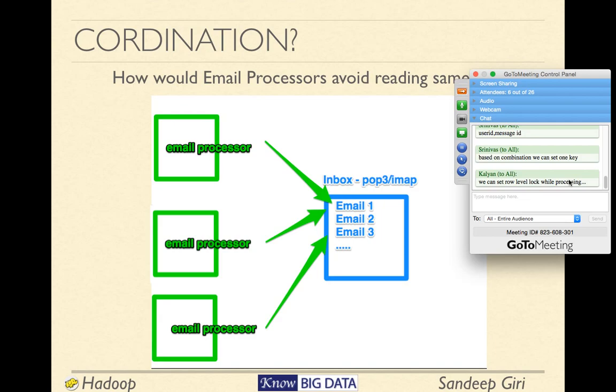We can set a row level lock while processing. Okay, okay. So see, this inbox is an email inbox, and we cannot create locks on this inbox. These email processors themselves have to decide. We are not allowed to write anything into the inbox.